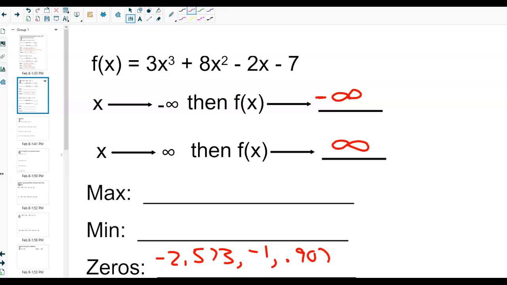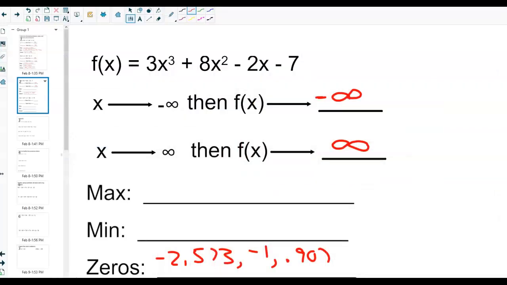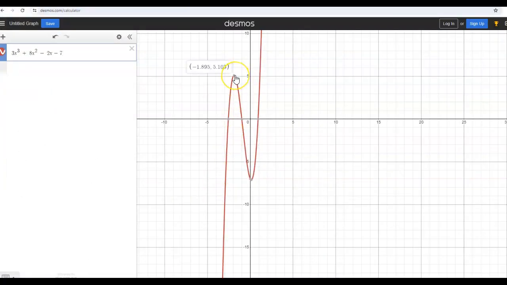Once again, I don't have to write them as points because we know the y coordinate is going to be 0 each time. So 0.907, negative 1, and then negative 2.573. Now my maximum, negative 1.895 is the x coordinate of it. The y coordinate would be 5.103.